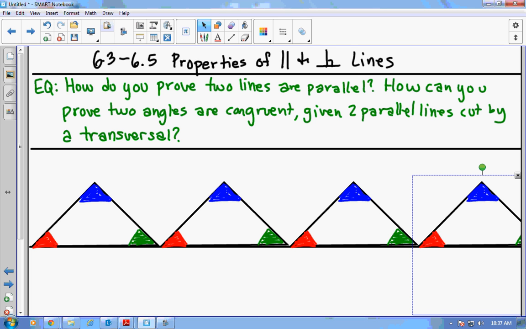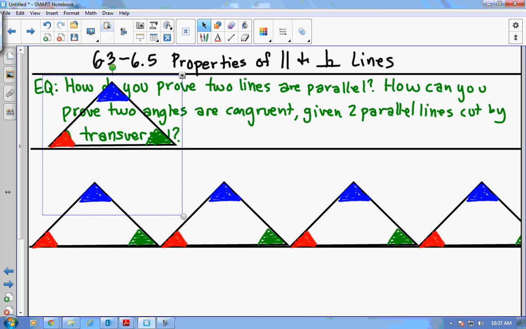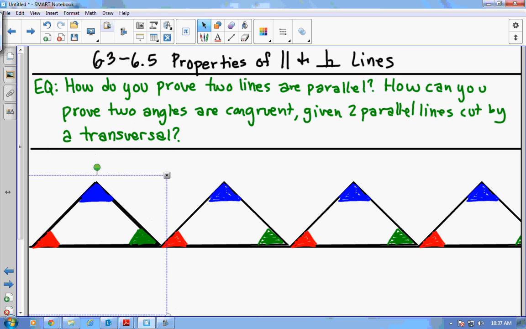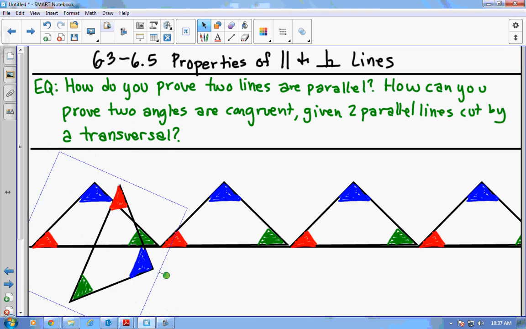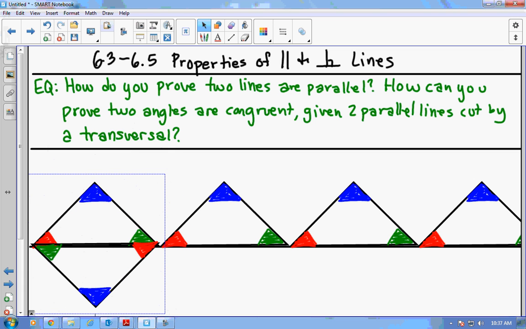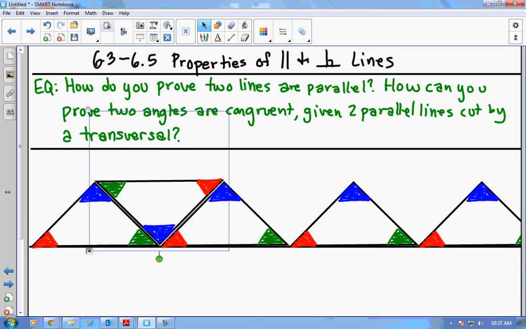Okay, once you're off the page, we're going to make another copy, but we're going to rotate. Now, if my triangle was originally here, I'm going to do a 180-degree rotation and slide it into that gap. It's important how you rotate.